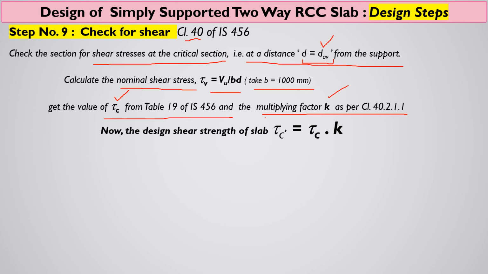So now the design shear strength in case of two-way slab, we have termed it as tau c dash, that is equal to tau c into k.